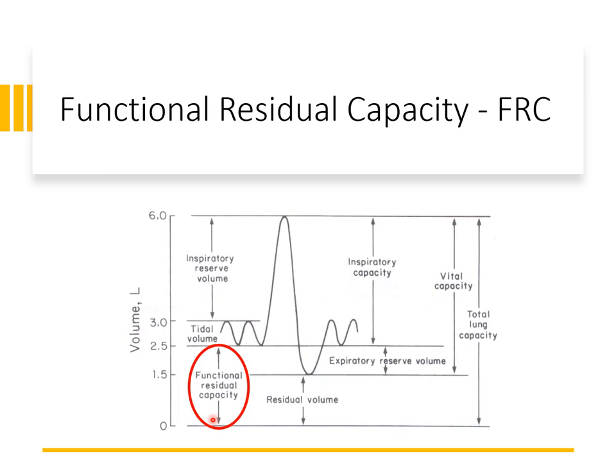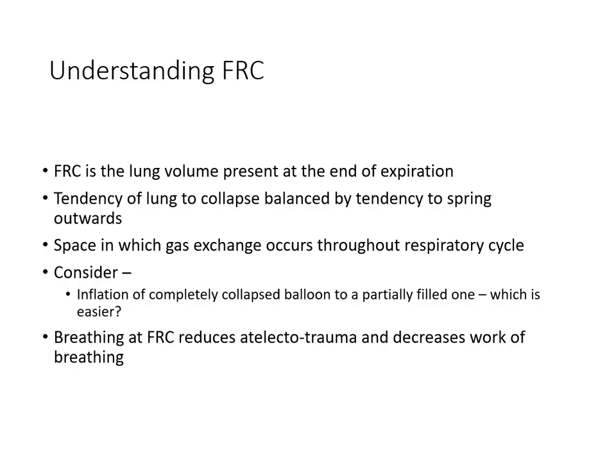But when preterm babies or newborns who have respiratory issues are not able to maintain FRC by themselves, we need to make the lungs come to a state where they can have FRC. The tendency of the lung to collapse is balanced by the tendency to spring outwards. This is how a lung maintains functional residual capacity.